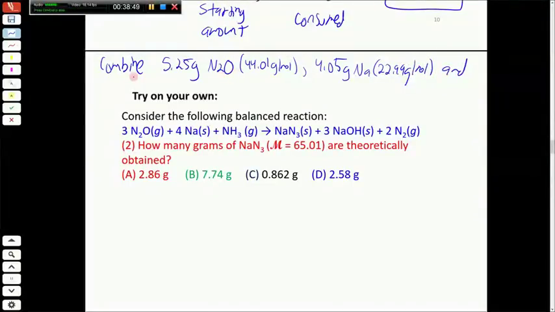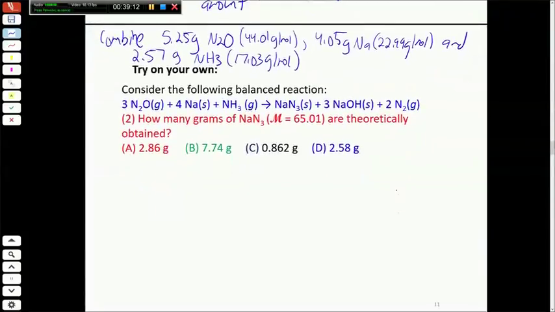And 2.57 grams of NH3. So in this case, I'm giving you all of the reactants and how much we're using. It's a little bit of a step up from the last one, because now I'm giving you the amounts for 3 reactants. So same set of steps, but just a little bit more extended now to figure out what the limiting reactant is. Okay?